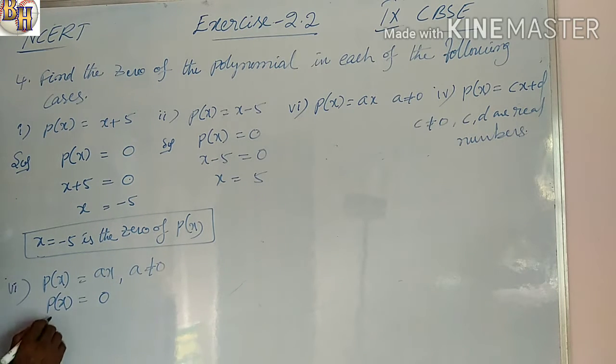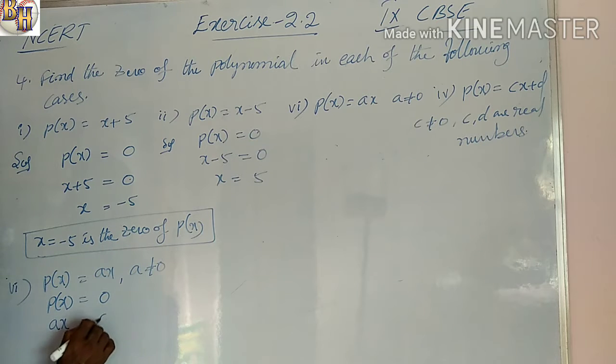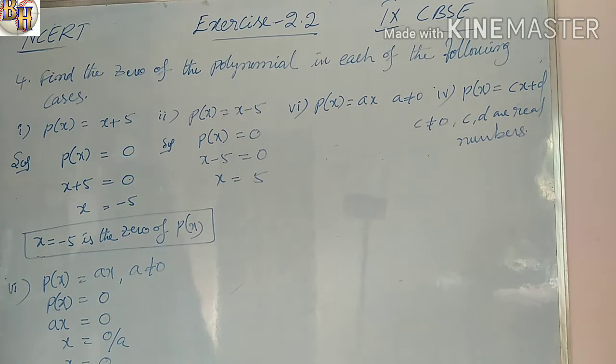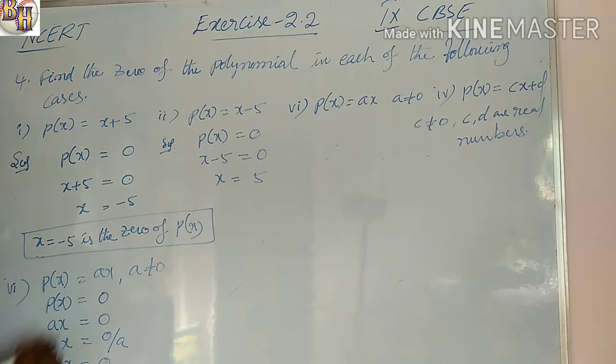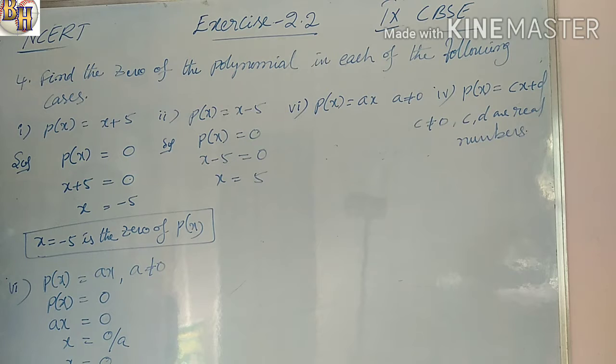P of x is equal to what here? Ax. Ax is equal to 0. Now x is equal to what? 0 by a. So x is equal to 0 by a means 0. Therefore x is equal to 0 is the 0 of p of x.